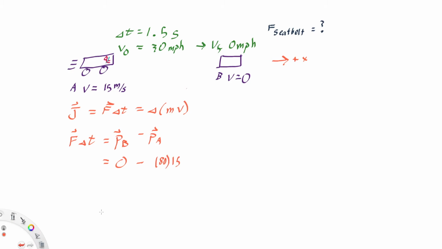It's like an average adult person. So the amount of impulse we must have experienced is equal to minus 80 times 15, which is, no, 1,200.